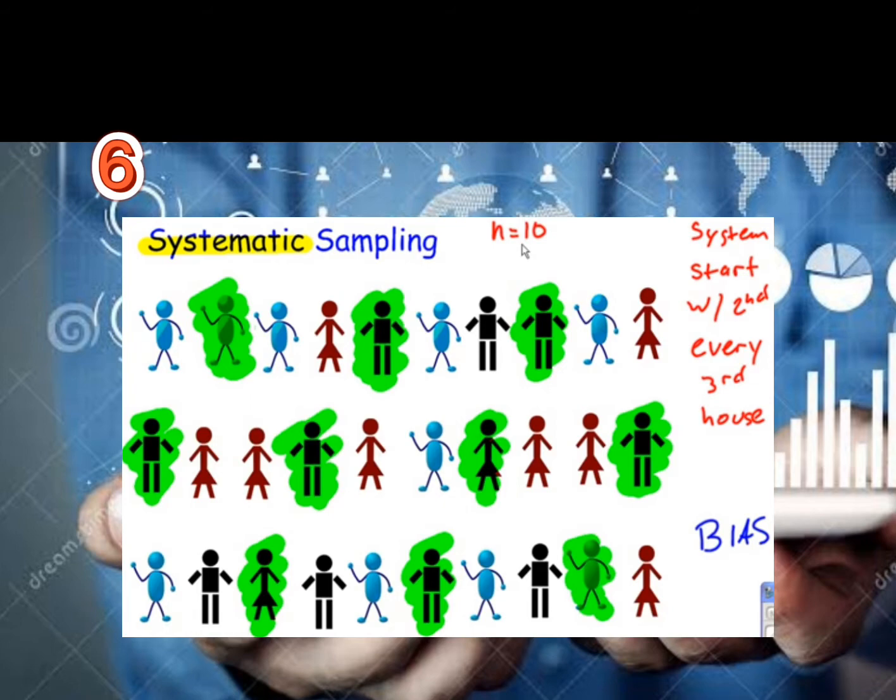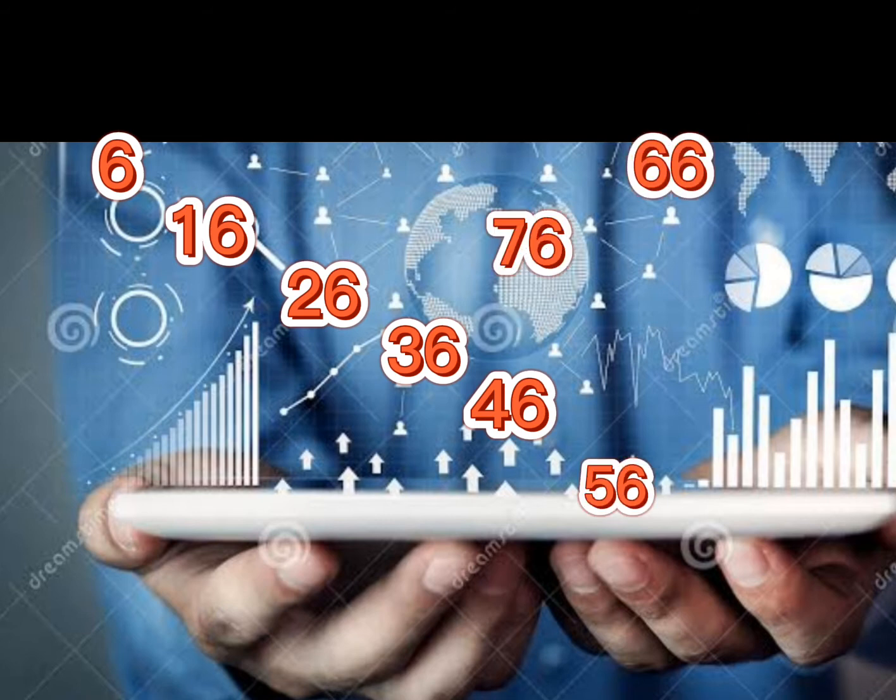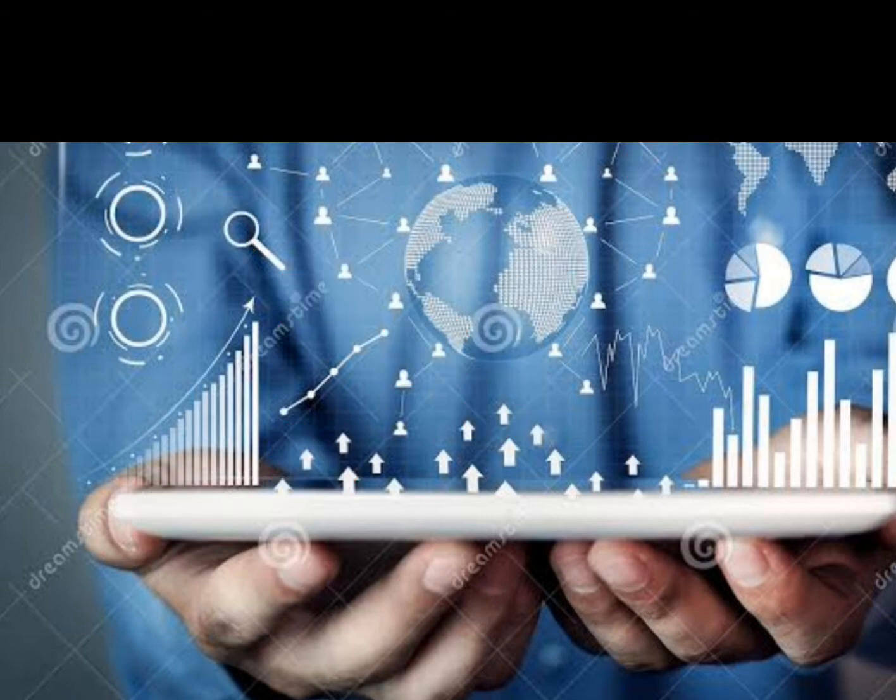From the first 10 numbers, you randomly select a starting point, number 6. From number 6 onwards, every 10th person on the list is selected: 6, 16, 26, 36, 46, 56, 66, 76, 86, and 96. And you end up with a sample of 10 people.